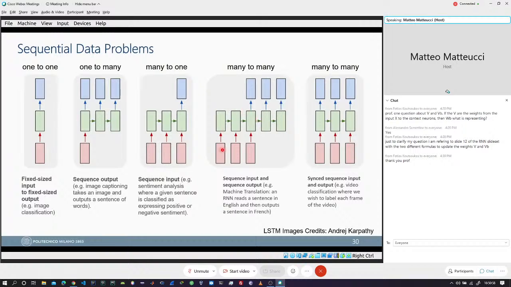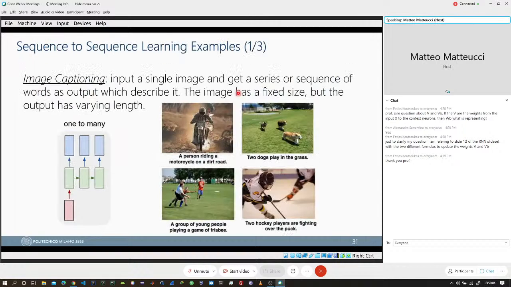And then you have more classical sequence-to-sequence examples. Let's try to see them one after the other, just to give you a few examples of how you could combine the sequential block, which is implemented via the long short-term memory, and a more traditional visual embedding block, which could be implemented by a convolutional neural network.